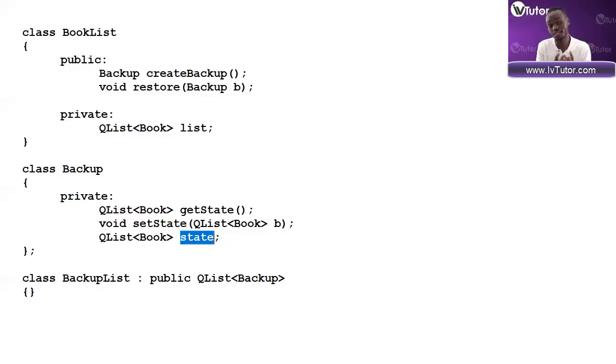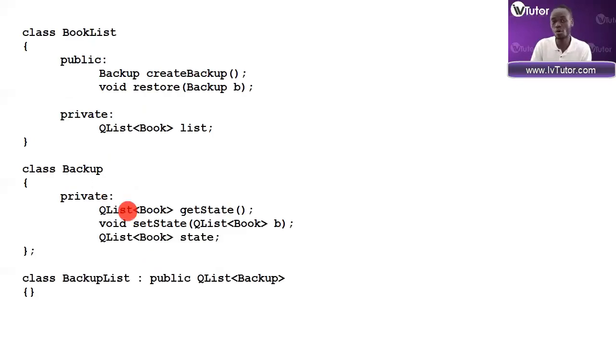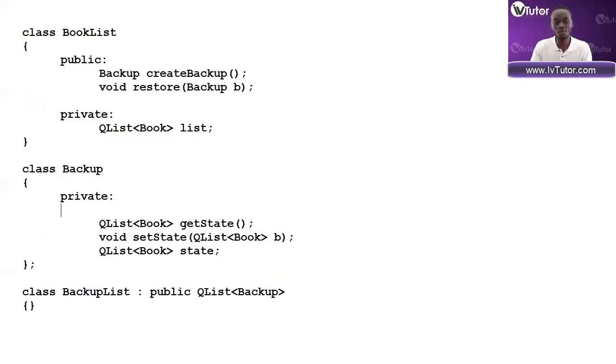But by introducing this change, we have also created a new problem, which is inside your book list. How then are we going to be able to call the set state function and the get state function now that it's private? So it solves the problem for backup list, but introduces a problem for book list. Now, to solve the problem for book list, you make book list a friend of backup.